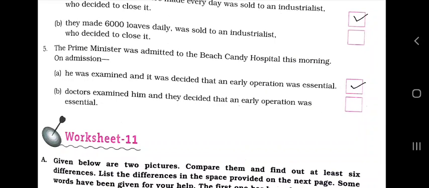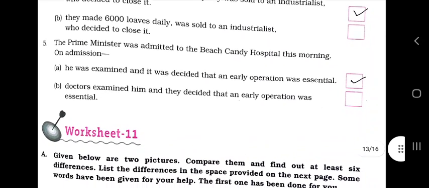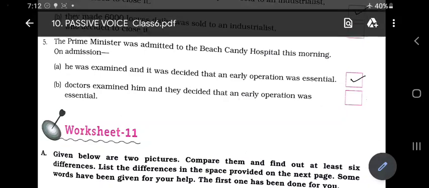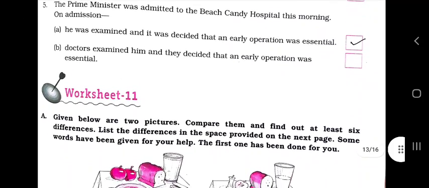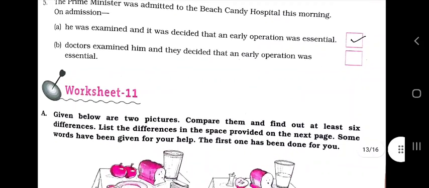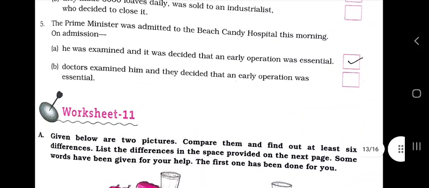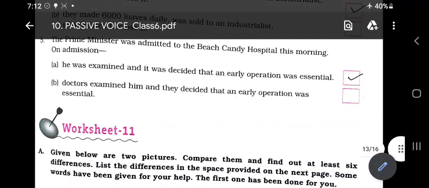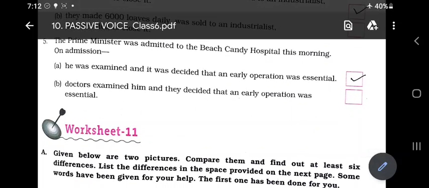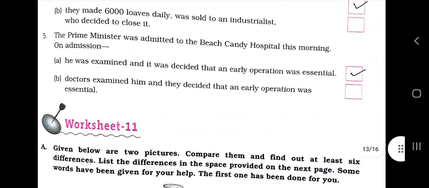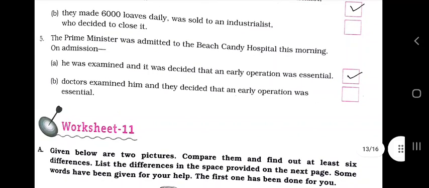The Prime Minister was admitted to the Beach Candy Hospital this morning.